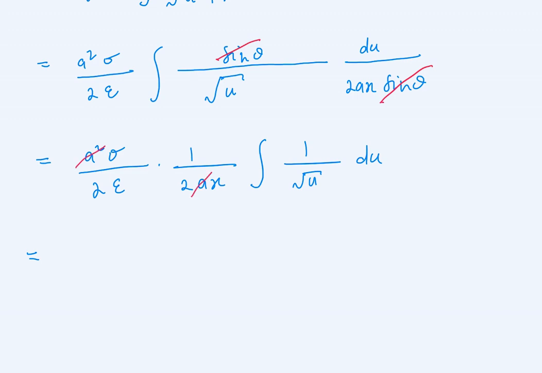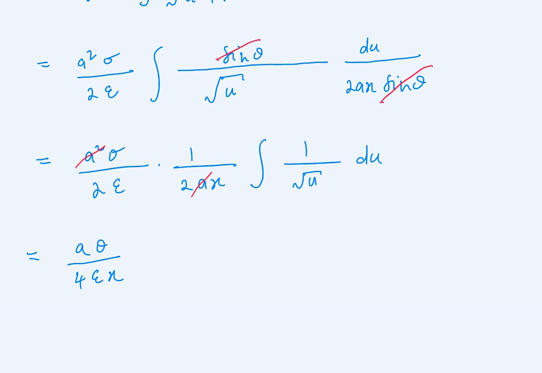So at the top we are left with a, and at the bottom we are left with no a's. So at the top it's a multiplied by theta, and at the bottom we've got 2 times 2, which is 4, and then we have epsilon, and of course x. So we've got a theta divided by 4 epsilon x at the bottom.